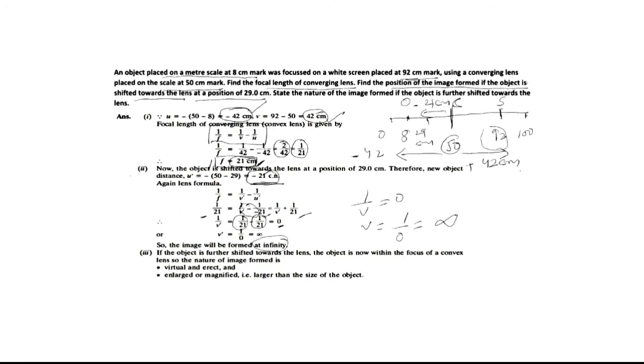Clear? Now the next part of this question is: state the nature of the image formed if the object is further shifted towards the lens. Clear? Now the object is placed between focus and optical center. Fine.